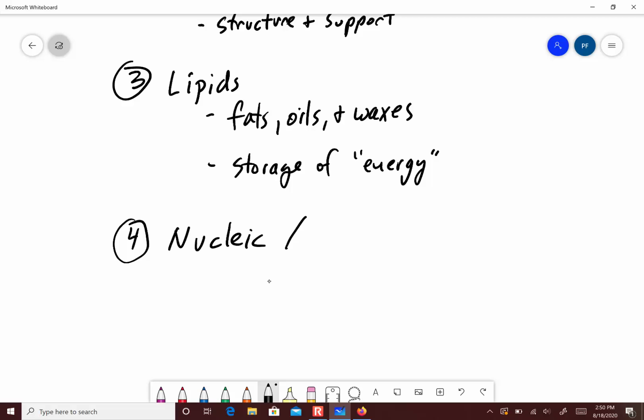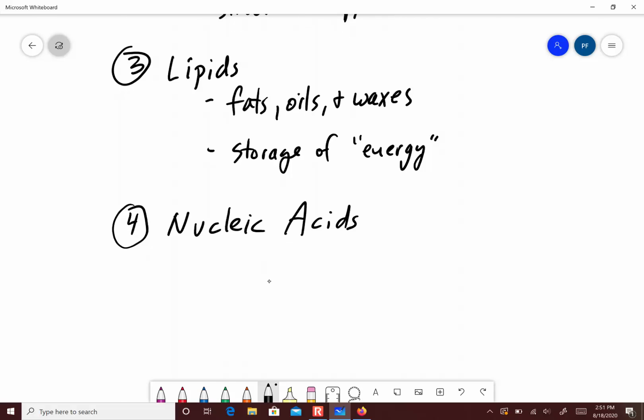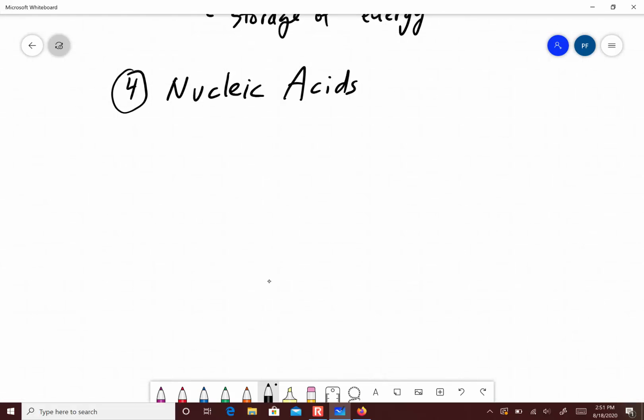All right, and then nucleic acids. So this is kind of the one category that's probably the least common with these things. Nucleic acids are going to be DNA, RNA, and ATP.